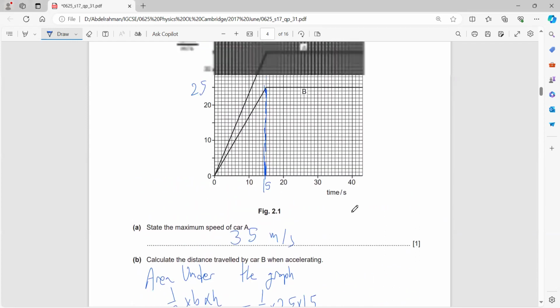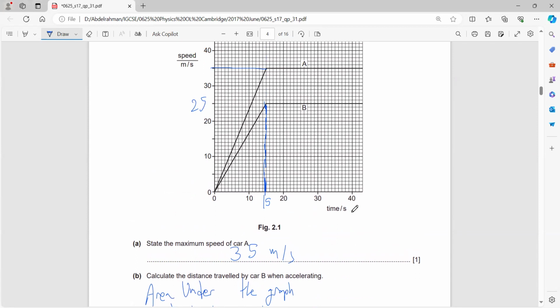How can I show that it has a greater acceleration, but at the same time, it reaches a lower constant speed than B? The slope will be steeper, but it will be lower. Okay. Steeper slope than A, which is correct. So I'll draw a straight line, which is steeper than A.